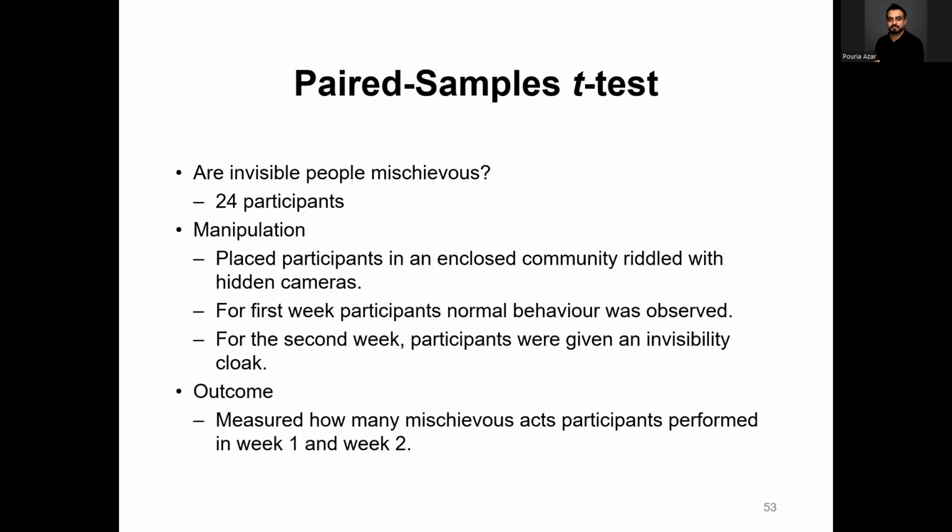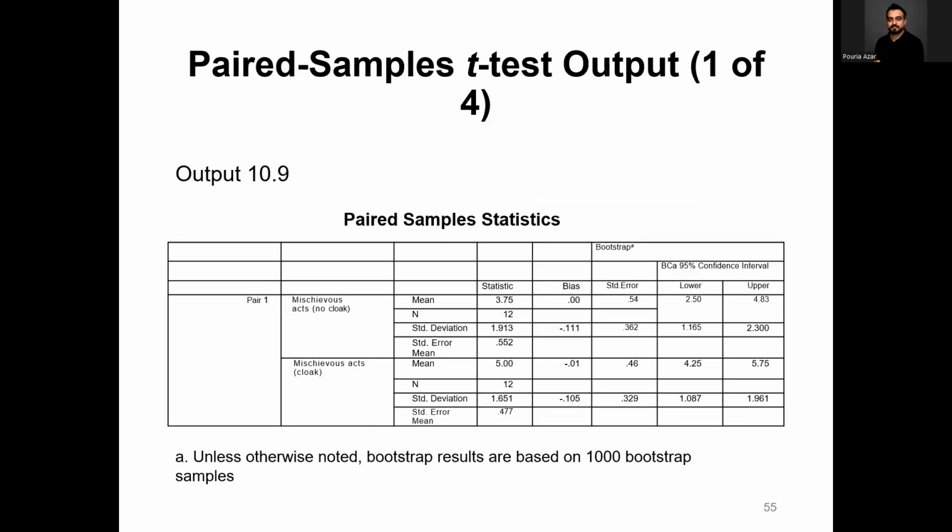So again, we are going to use kind of the same example, but the main difference here is the dependent variable measures how many mischievous acts participants perform in week one and week two. So we have kind of pre and post, or two different time points here.